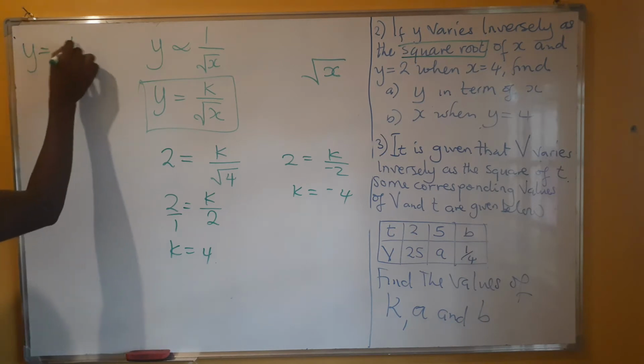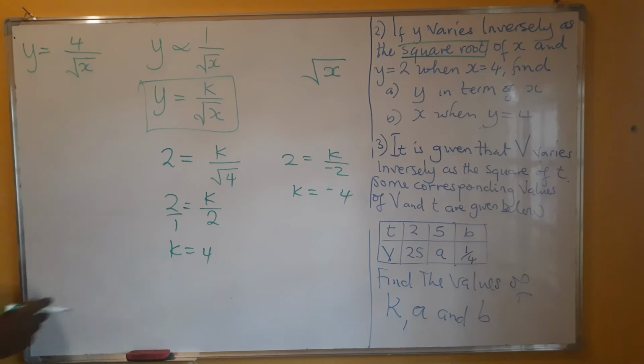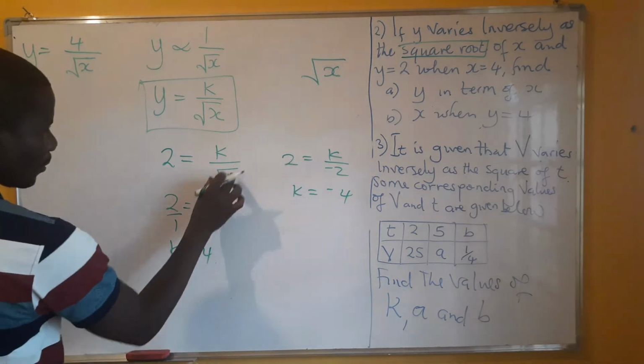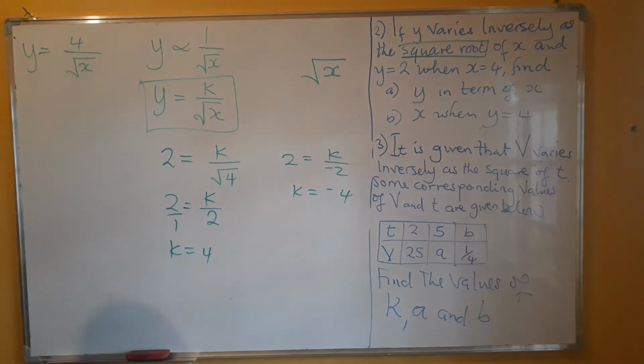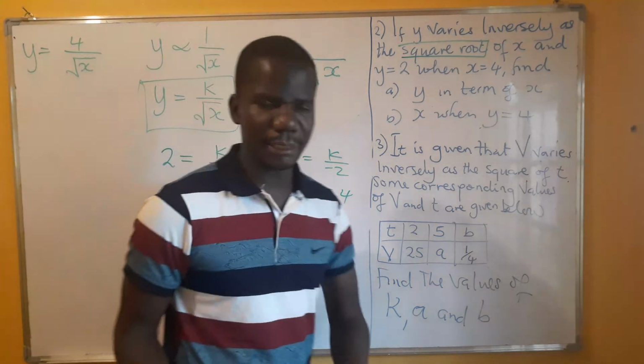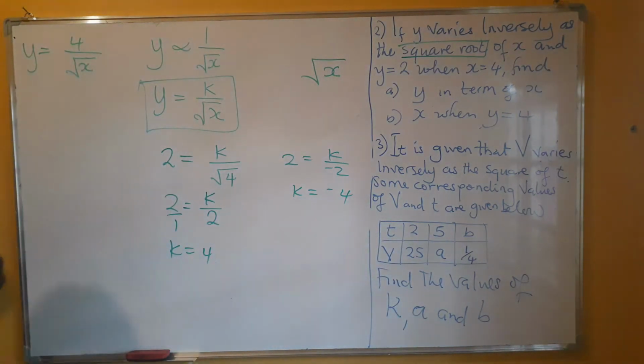So y is equal to 4 over the square root of x. The other one I said, because the question did not specify that k must be positive, is that I'm just trying both values.